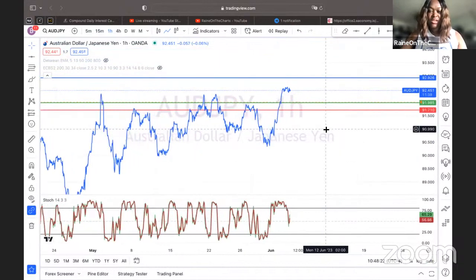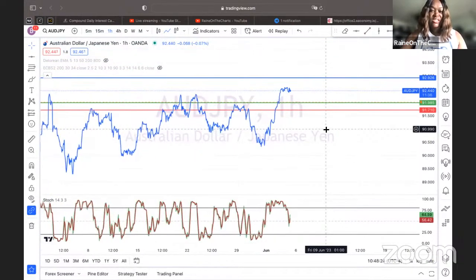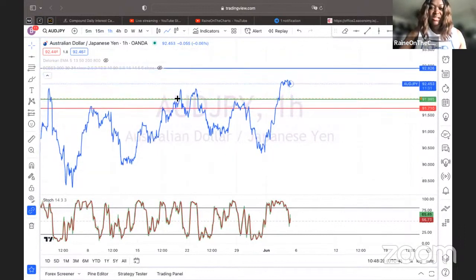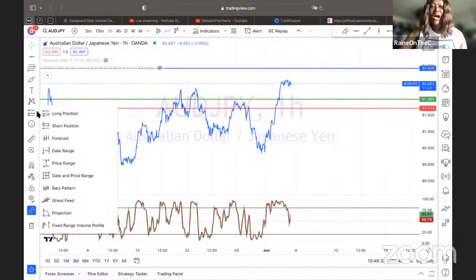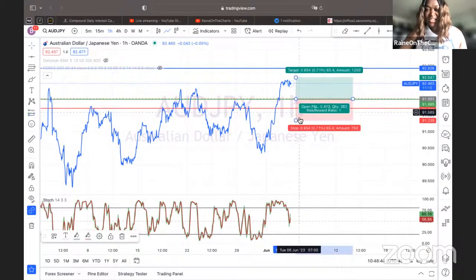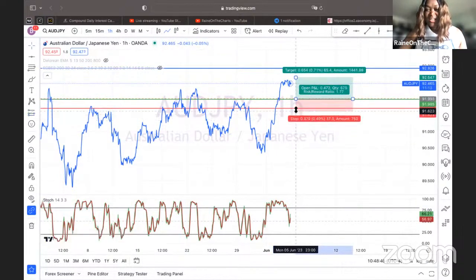Okay. All right, so now I want to measure this. I'm going to grab my long position tool, because if I'm buying, I'm going long. And I'm going to put it at the entry price here. Put this here.